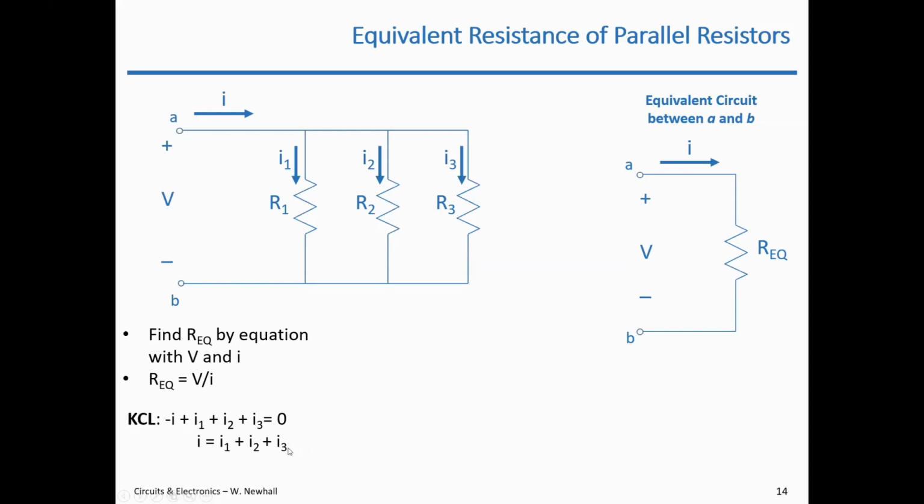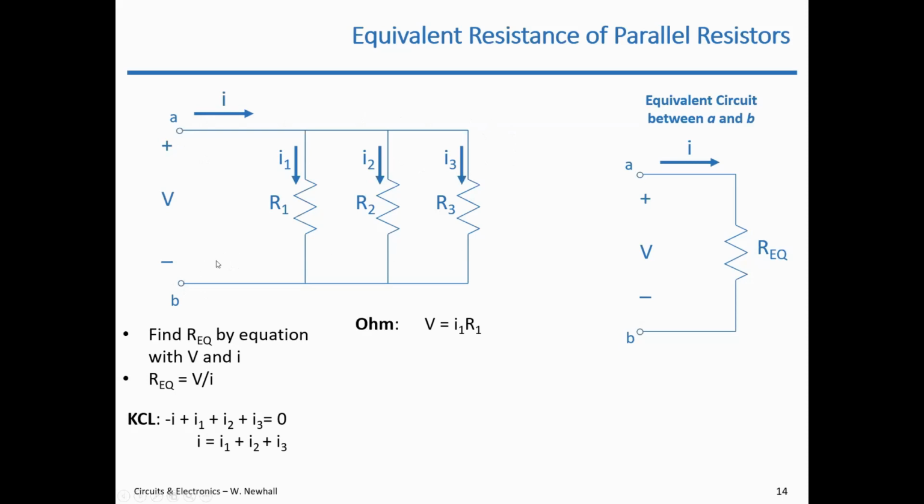Okay, and then let's introduce Ohm's law. So here's Ohm's law. If I know the current I1 and I know the resistance R1, then I know the voltage, right? This voltage, V, is the voltage between that entire top node and that entire bottom node.